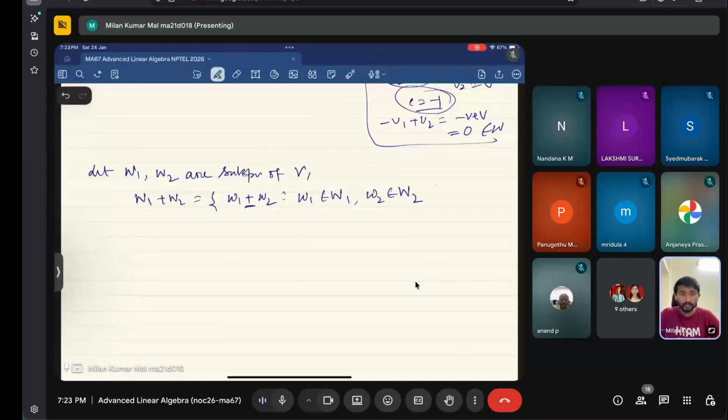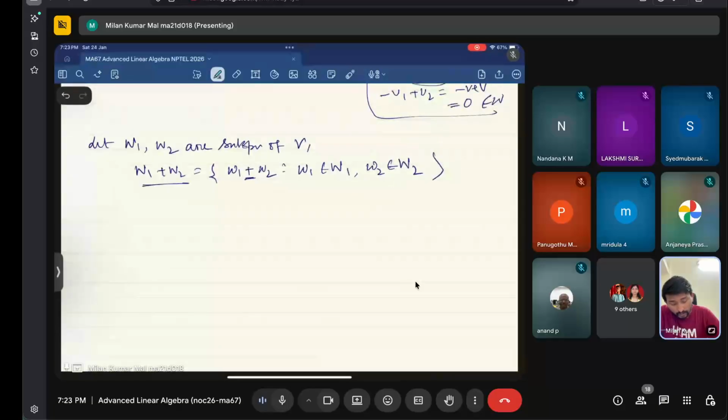This is what I mean by W1 plus W2 as a set. Now what we have to prove is whether this is a vector space or not. Similarly, let's take two elements of W1 plus W2. One element is w1 plus w2, another element is w1 dashed plus w2 dashed, both coming from W1 plus W2, and C is a scalar in F.